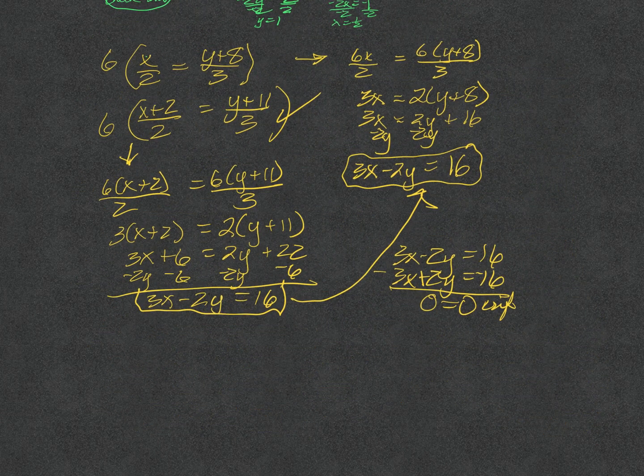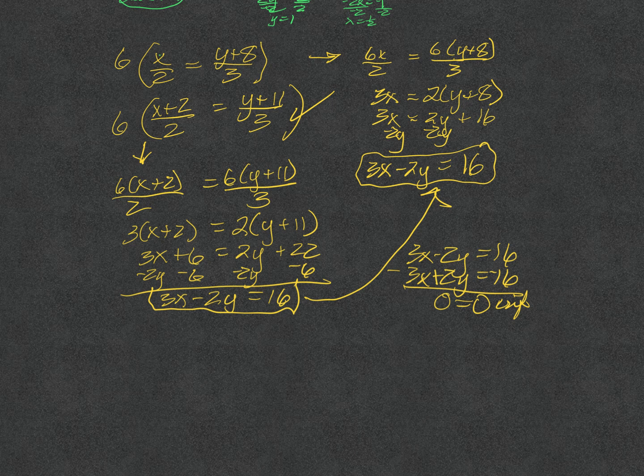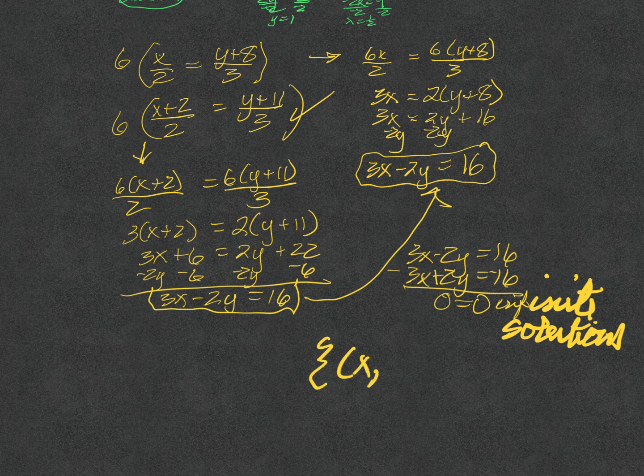And if you have infinite solutions, then that means you say the answer is the set of all ordered pairs x and y such that 3x minus 2y equals 16.